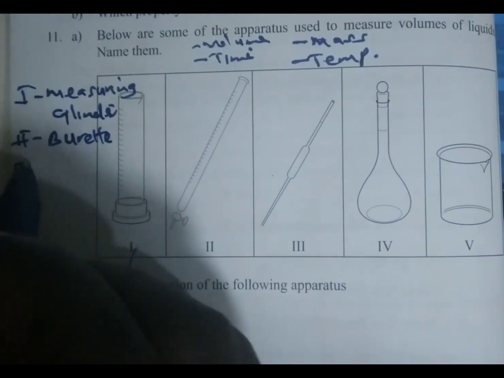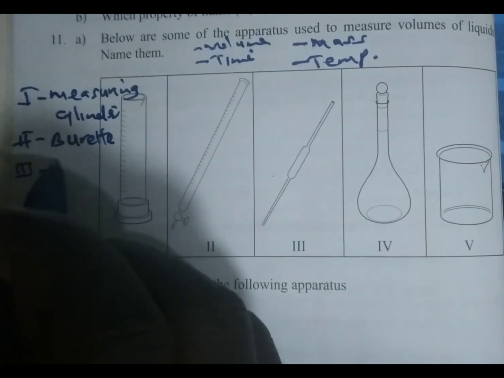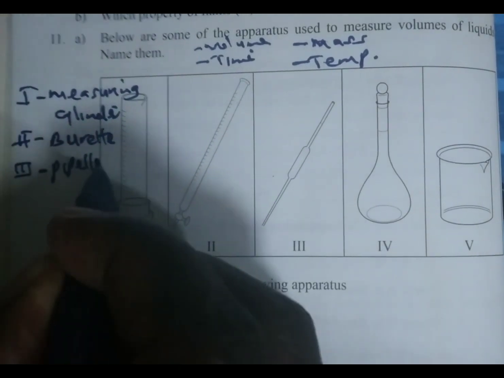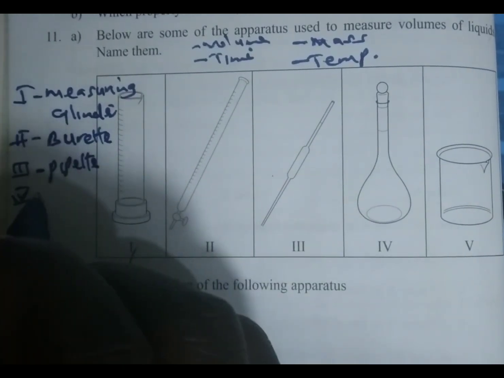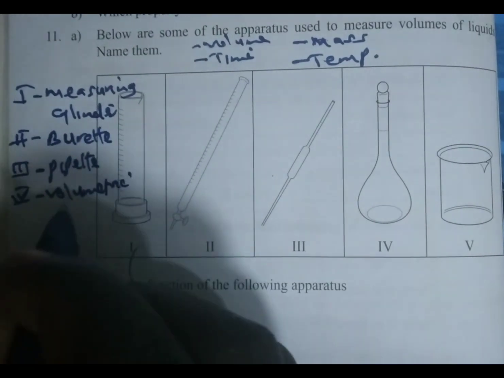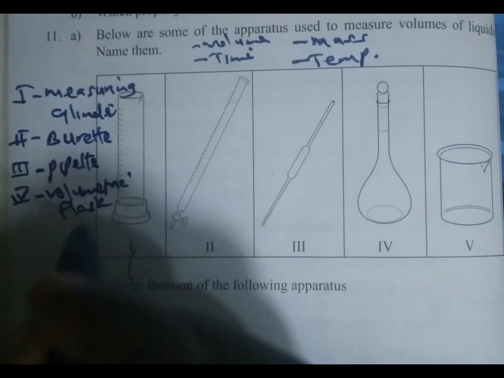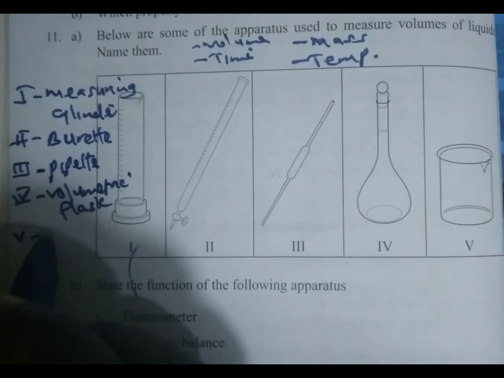We have the third one, which is the pipette. We have the fourth one, which is the volumetric flask. We have the fifth one, which is the beaker.